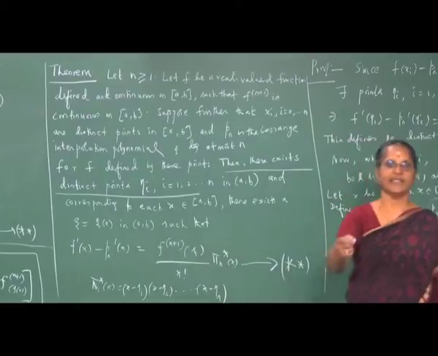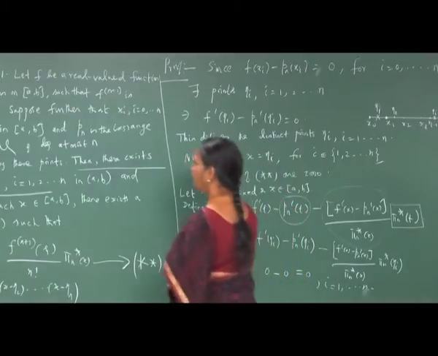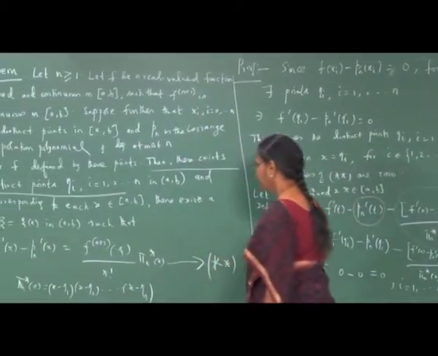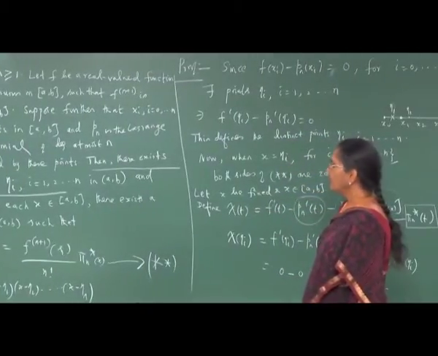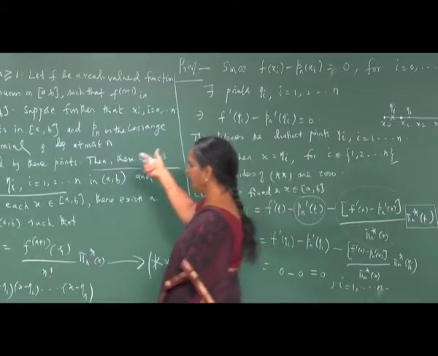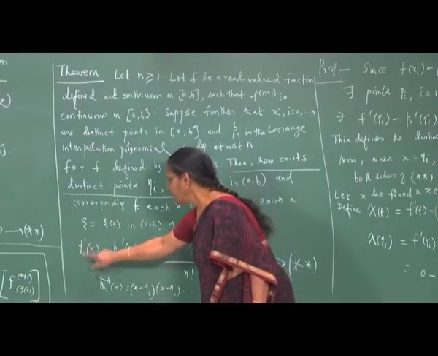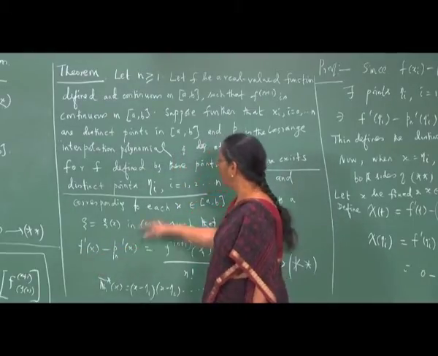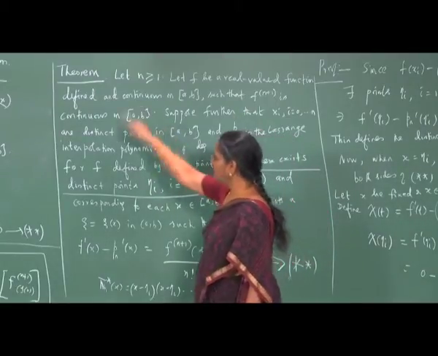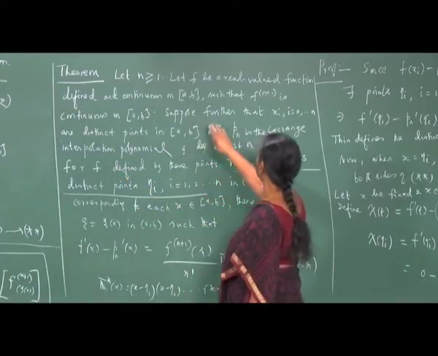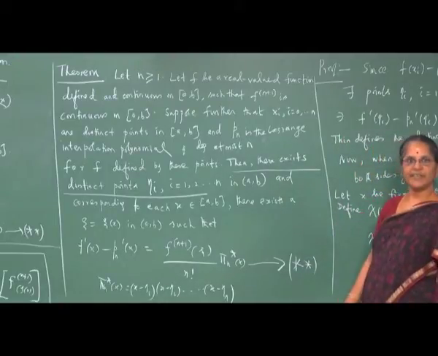There exist distinct points eta 1, eta 2, etc., eta n in the open interval (a, b), such that this happens. That is what the result says. So, this tells us that the derivative of the function f can be reconstructed by the derivative of the Lagrange polynomial that reconstructed the function f at a certain set of distinct points. That is the information obtained from this result.